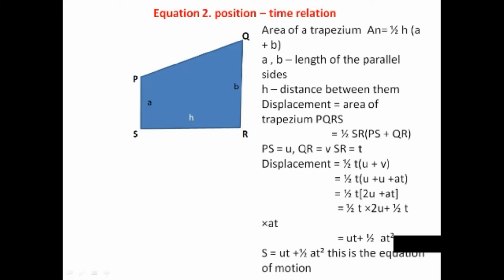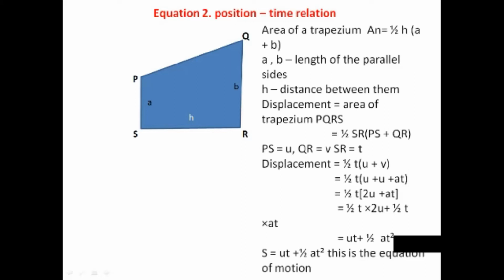That was proven in the previous derivation. So PS, the initial velocity, is U, QR, the final velocity, is V, and SR is T.